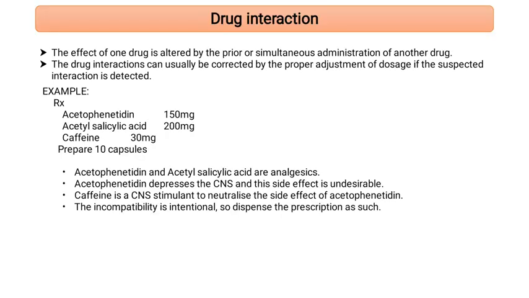Then the last one is drug interaction. The effect of a drug is altered by the prior or simultaneous administration of another drug. Drug interactions can usually be corrected by proper adjustment of dosage if the suspected interaction is detected. For example, acetophenetidine 150 mg, acetyl salicylic acid 200 mg, caffeine 30 mg.